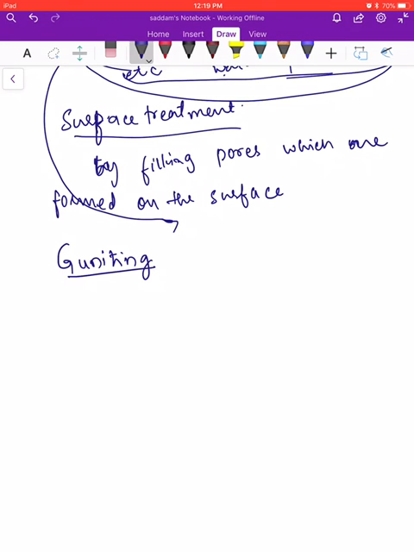For example, if you have a surface to be waterproofed, we deposit the impervious layer of rich cement mortar. Now how do we do the deposition on the wall? By using a cement gun. A cement gun is used to deposit the impervious layer of rich cement mortar over the surface which is to be waterproofed.